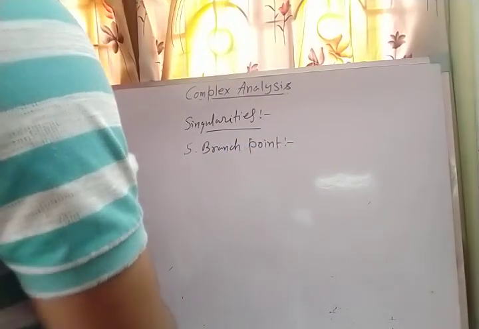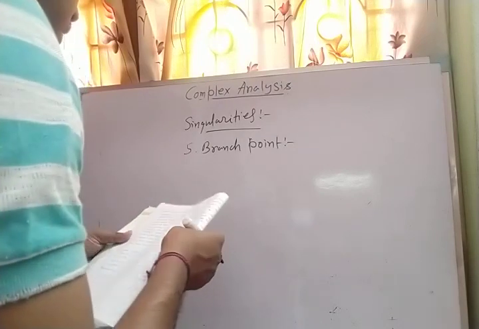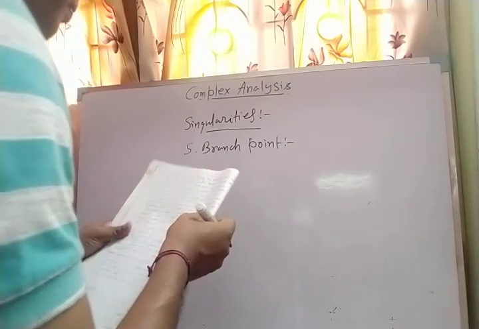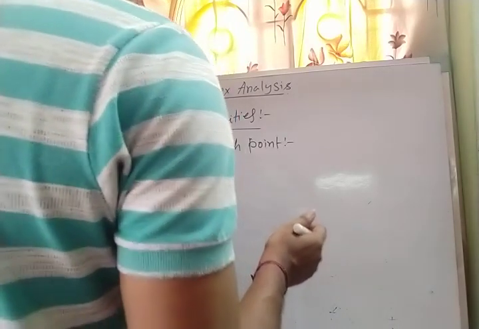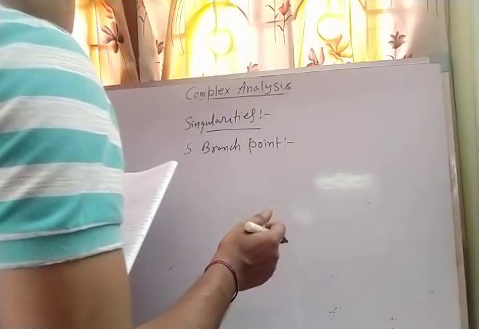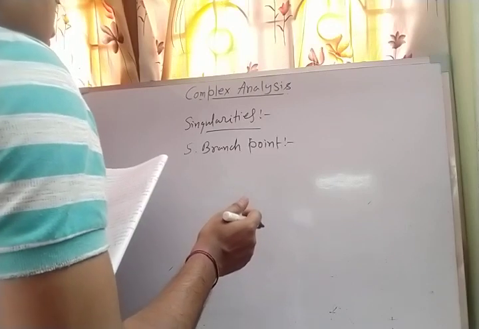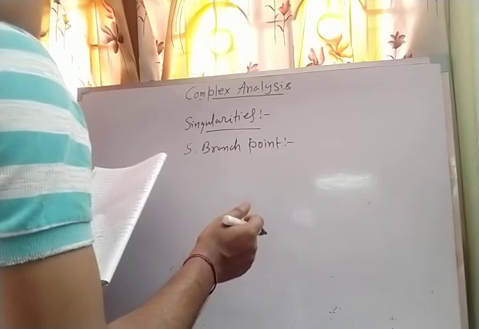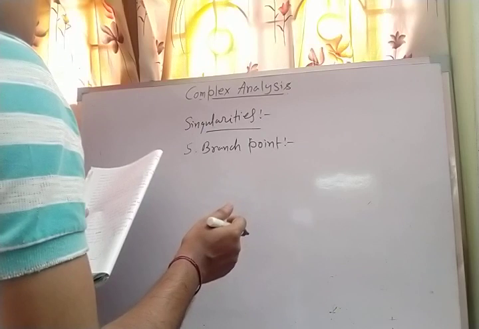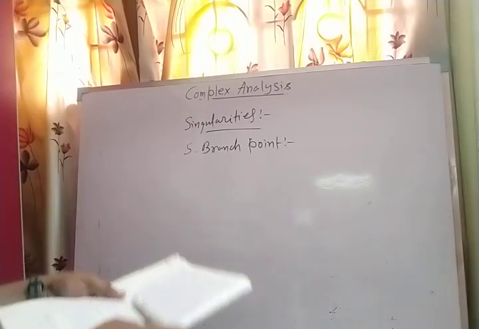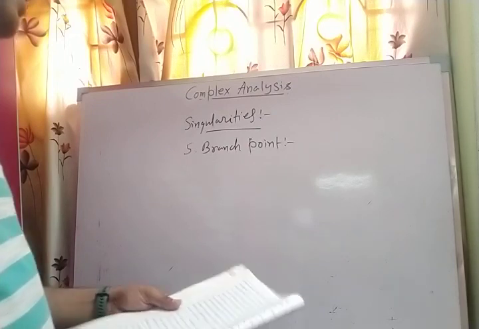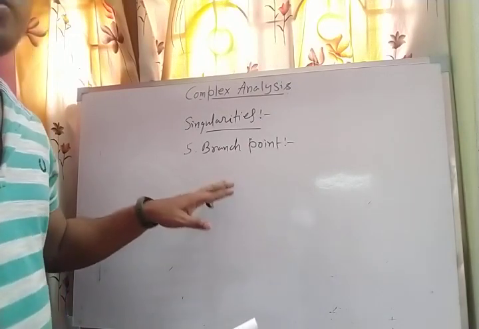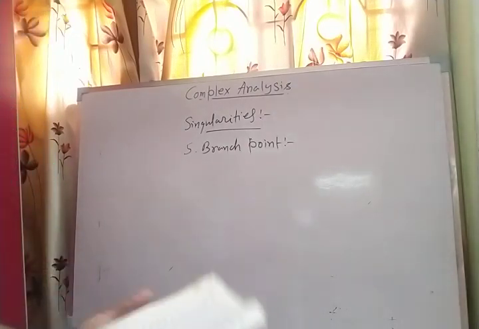So you can write the definition if you want. A point on the complex plane having the property that after traversing a circle around it, a given function does not restore its initial value is called a branch point. Hope you do not understand. So it is better to consider an example to understand this branch point better.